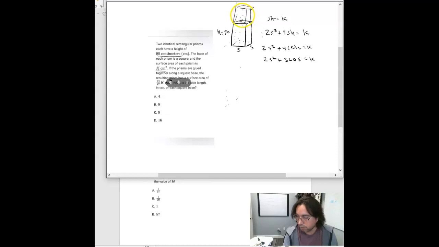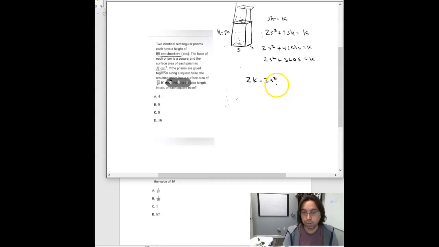That suggests that if the area of one is k, then the surface area of both is 2k. And within that, we've got 4 rectangular faces in total, but 2 of those are glued together. So we're subtracting 2 of those rectangular faces to get the complete surface area of those 2 rectangular prisms as they've been coupled together.